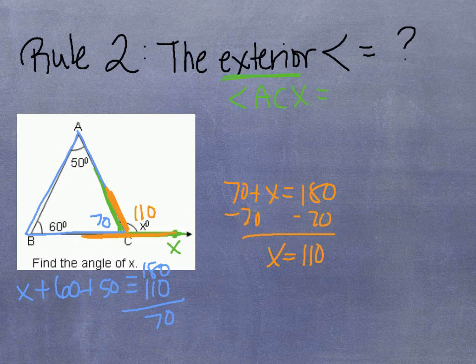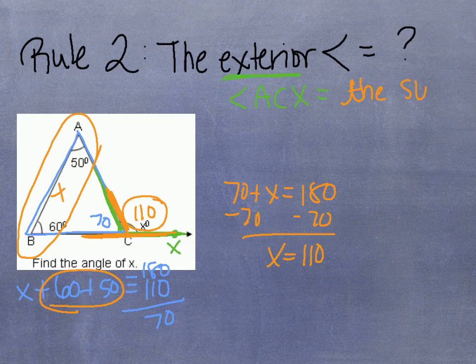What else did you figure out was 110? The first two that you added up. So the exterior angle rule shows that the opposite two angles, 60 plus 50, should equal the exterior angle. So the exterior angle is equal to the sum of the opposite two angles.